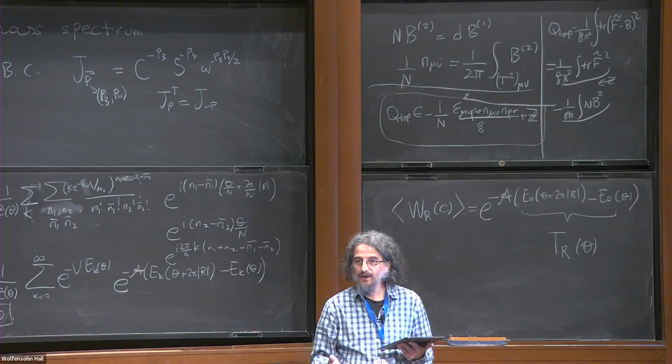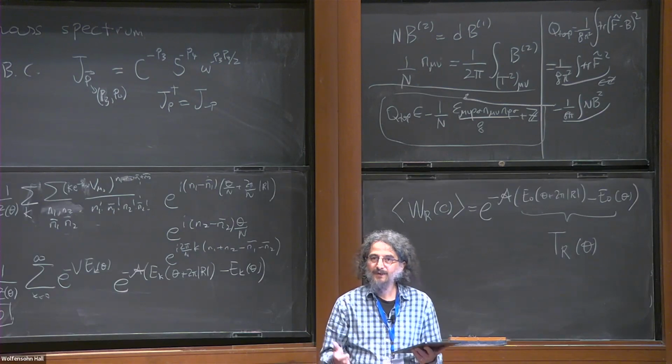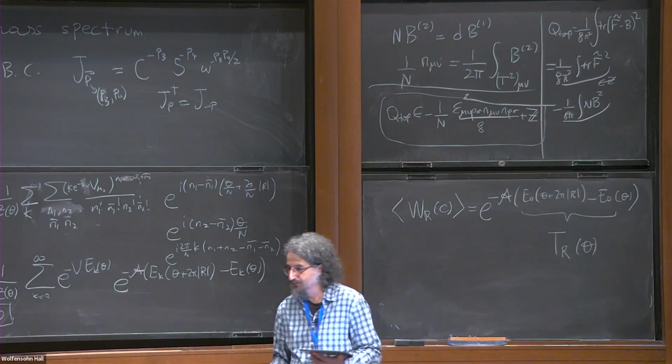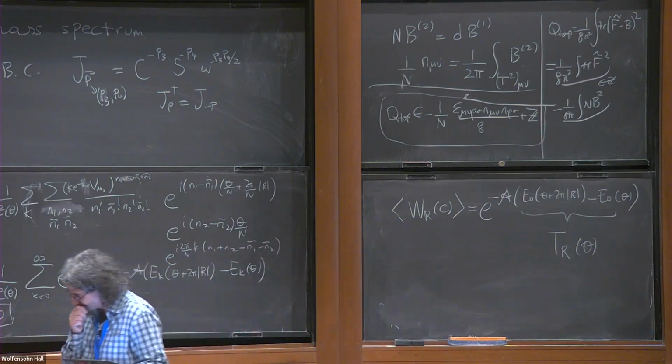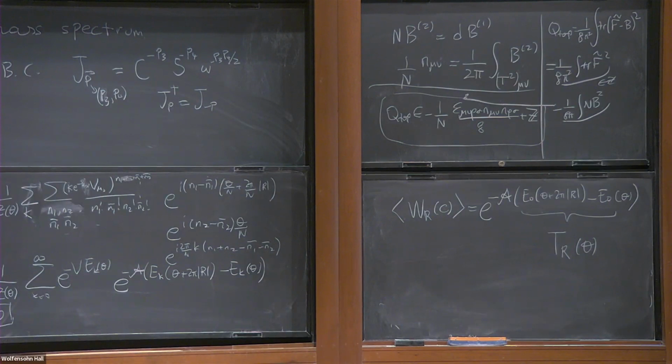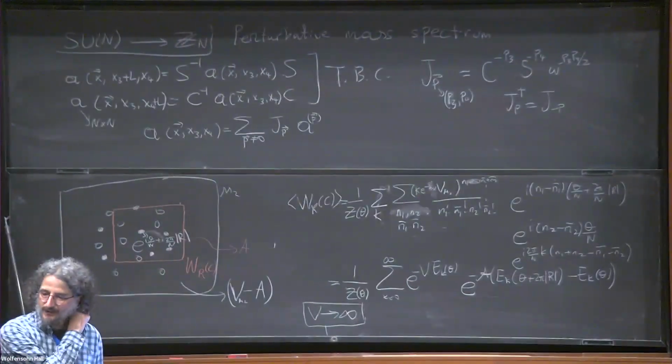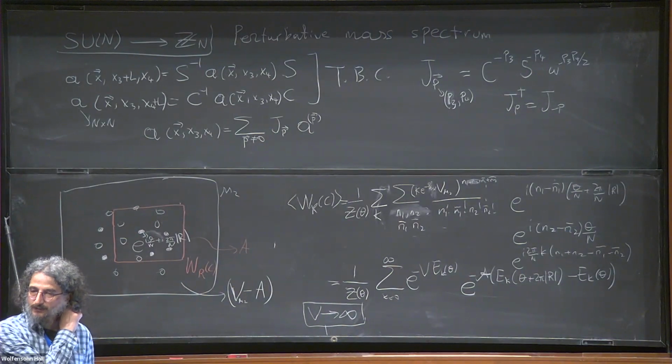There may be some hints about it. There are other ways to implement 't Hooft flux. Here, I implemented 't Hooft flux by using a flat connection, by forcing F3-4 to be 0.